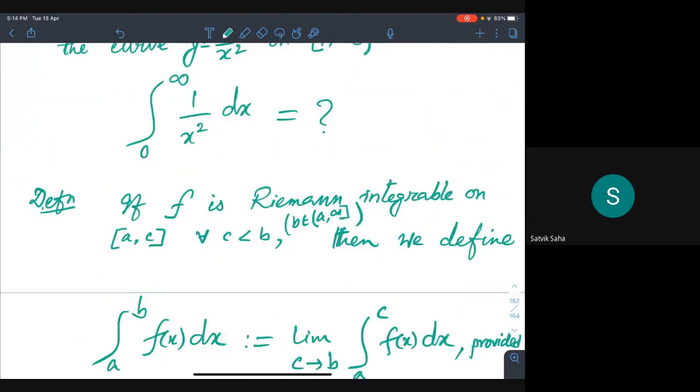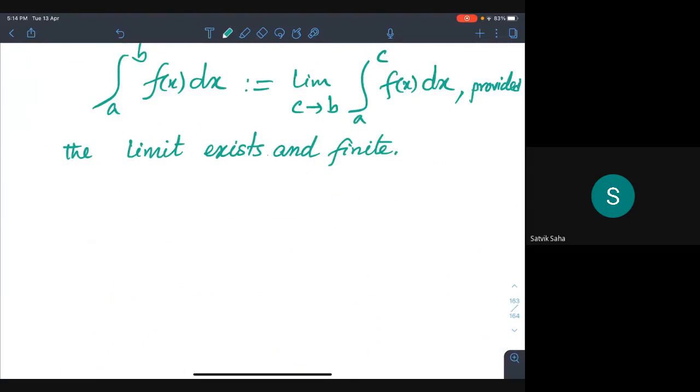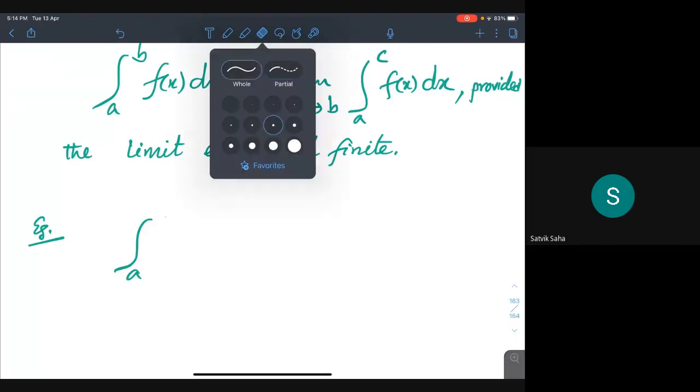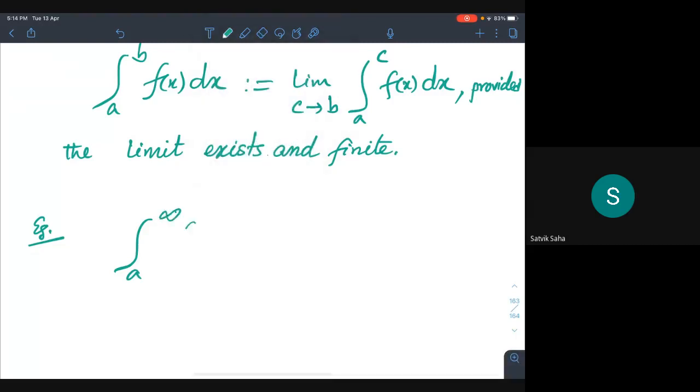So in our case here, for example, integration a to infinity f(x) dx is by definition limit n tends to infinity, write small n here, integration a to n f(x) dx.